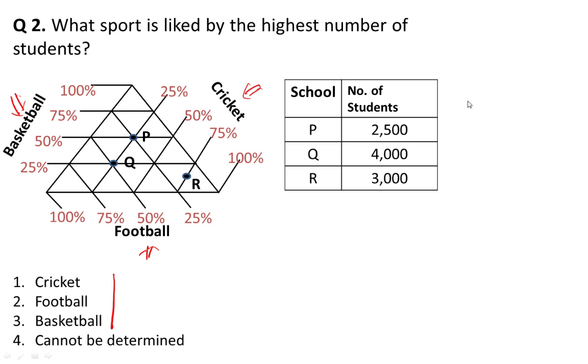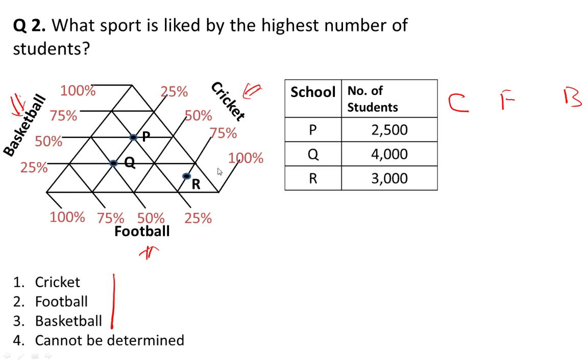Let's have a calculation here. C for cricket, F for football, and B for basketball. Now for cricket, we have already calculated the number of people who like cricket in our previous question, but it is not necessary that we get that question in the exam.